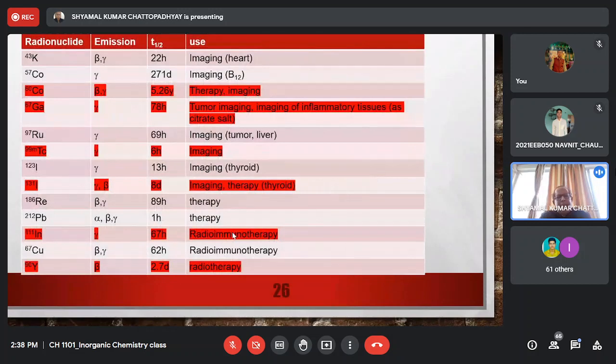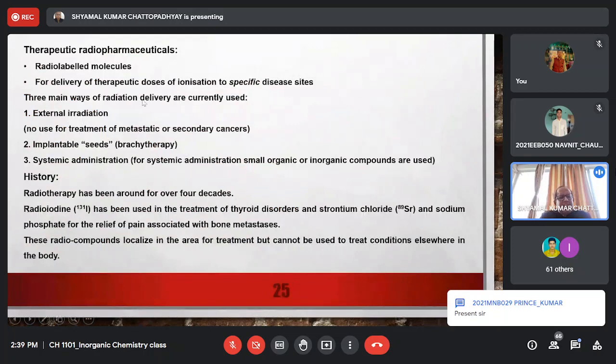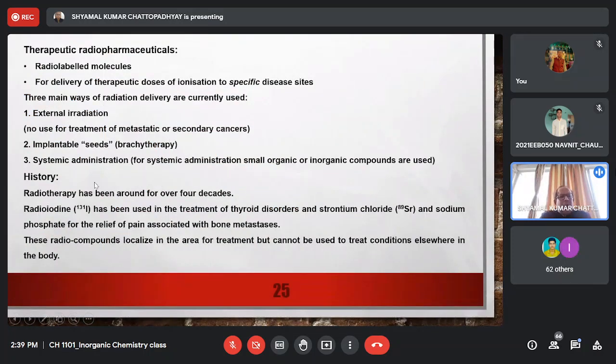Now, in this very important table, before going to that table, let me first of all say that, like chelation therapy, here also there are certain conditions. All radionuclei cannot be used for medicinal purposes or as radiopharmaceuticals. There are certain conditions a radiopharmaceutical must satisfy in order that it can be used.